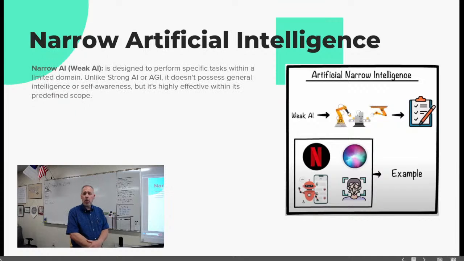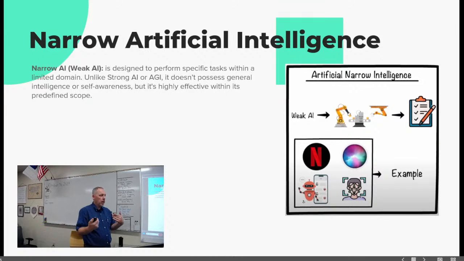So with narrow artificial intelligence, the reason they say it's kind of weak is it's designed to perform. That's a key word we've got to keep thinking of. Kind of dispel the Terminator rules at this point. It is designed to perform specific tasks within a limited domain.